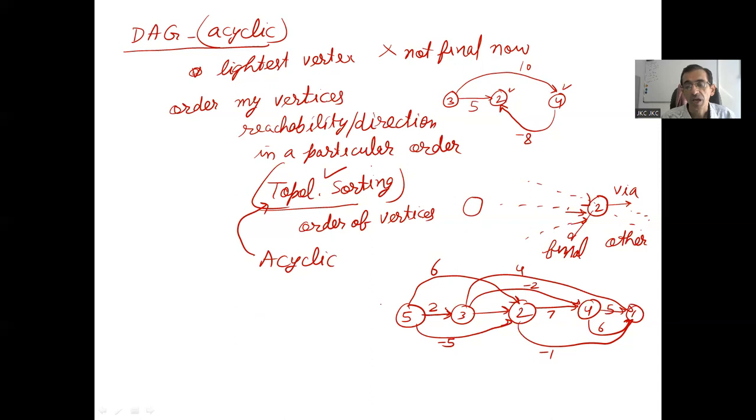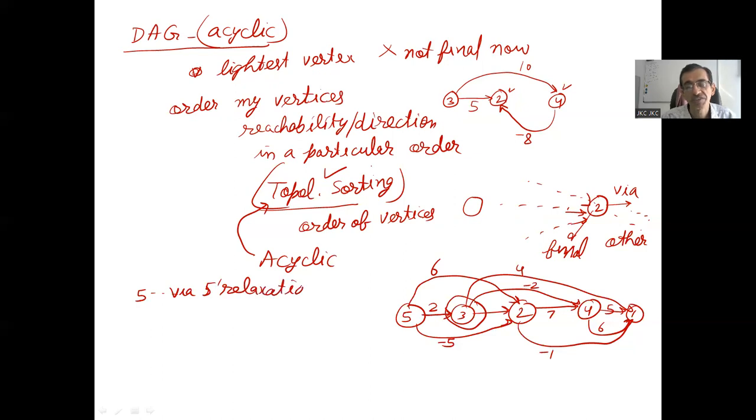But I say I will start from this order. Maybe my source is this. So I will start from 5. From 5, 2 is reachable, or I can start from 3. But once I go in this order, via 5, any relaxation will be finalized. Via 5, relaxation will be final.